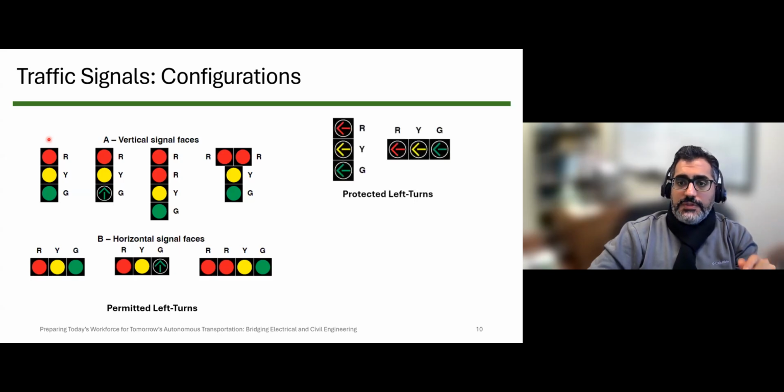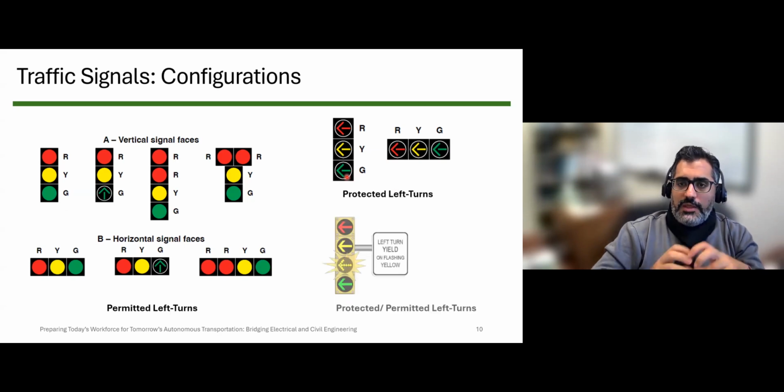If we have protected movements, whether it is a protected left turn or protected right turn, we show them by arrows. And the way that those arrows are presented can tell us different treatments that are applied at an intersection. Like a solid green arrow shows a protected left turn.